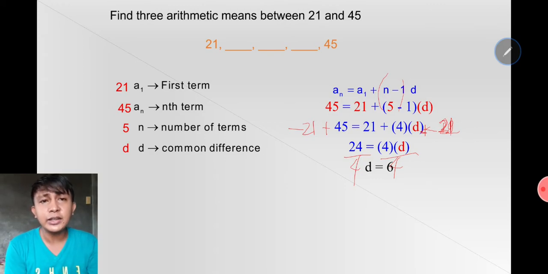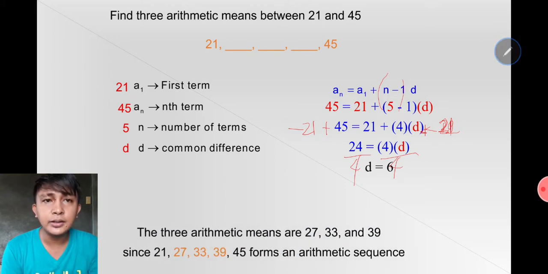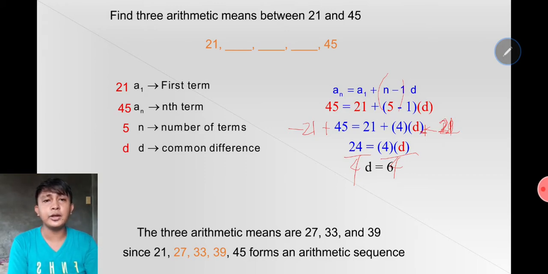By simply adding 6 to 21, you get the second term: 21 plus 6 is 27. 27 plus 6, the third term is 33. Another plus 6, the fourth term is 39. So the three arithmetic means are 27, 33, and 39, since 21, 27, 33, 39, and 45 form an arithmetic sequence.